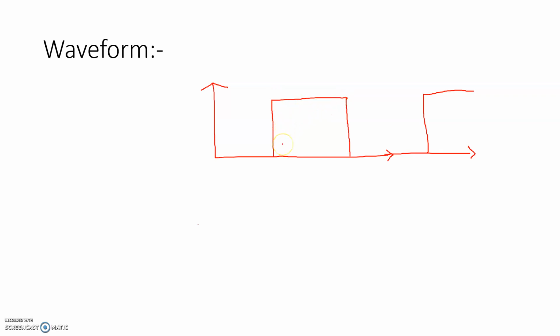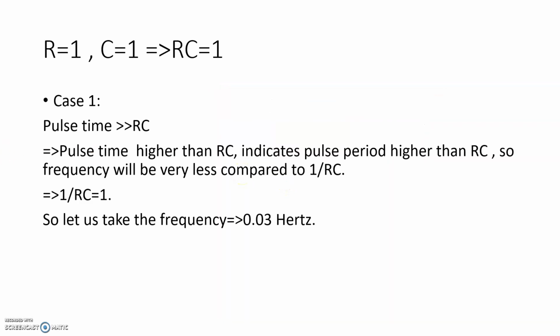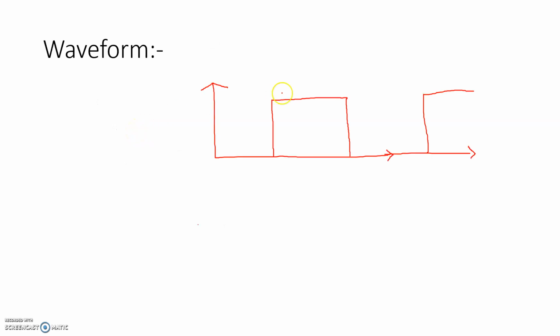Now, if our time constant RC is what we are considering here, just see, pulse time is very much greater than RC. That means our time constant is very much lesser than the pulse time. If our time constant is very small for this particular circuit, what will happen? The capacitor will charge up very quickly and also discharge very quickly.